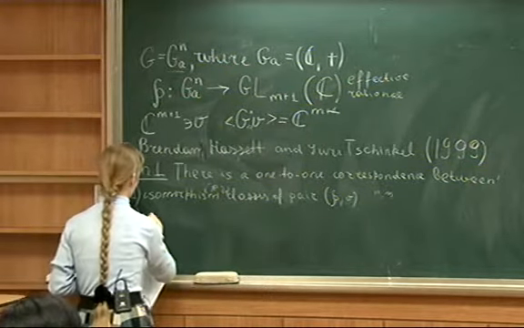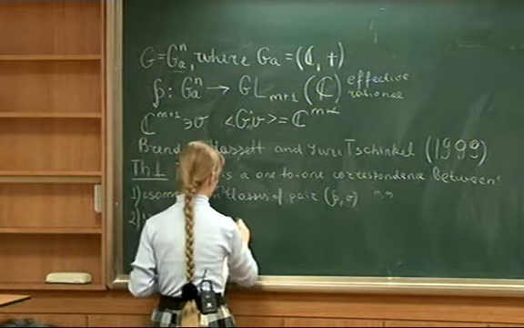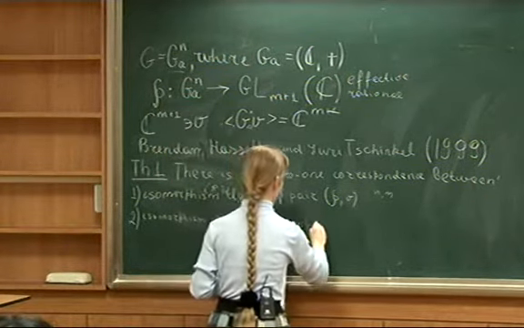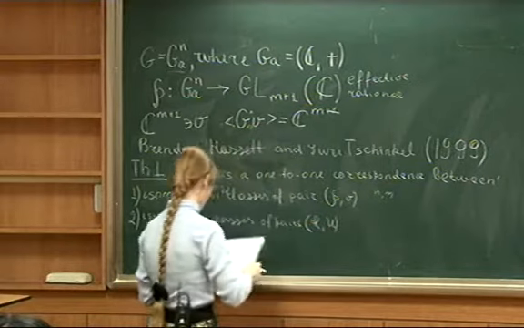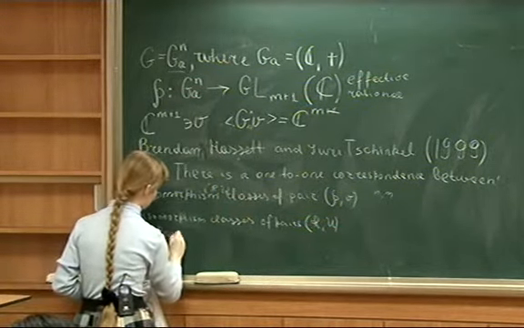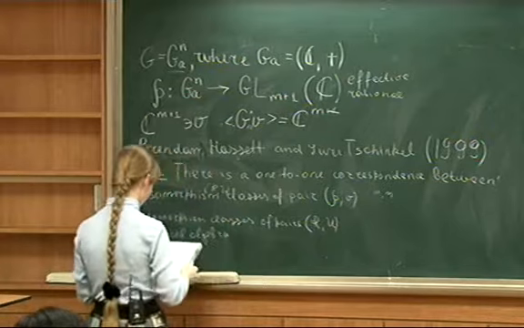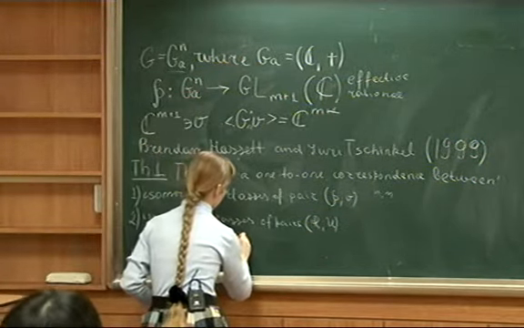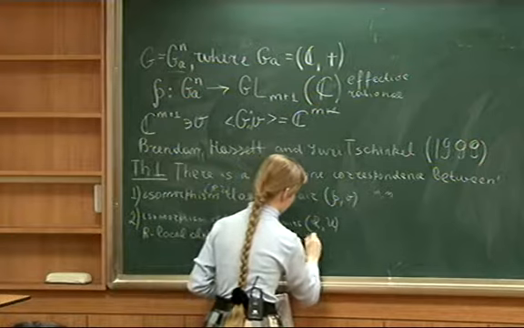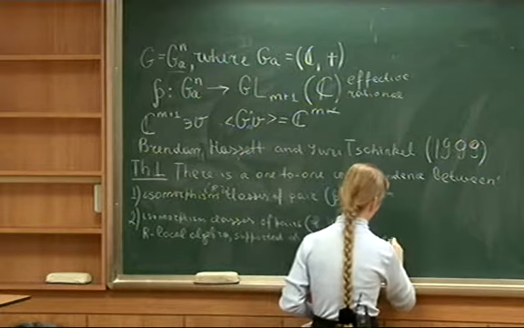Second, isomorphism classes of pairs (R, U), where R is a local algebra supported at the origin and of dimension m plus 1.